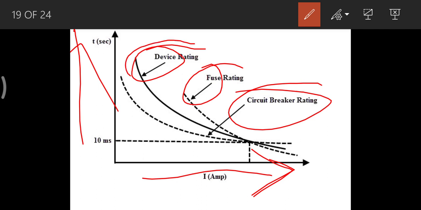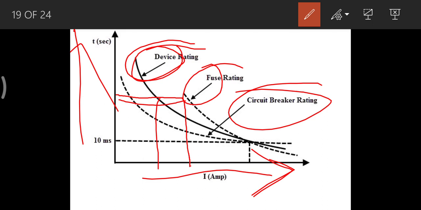So device rating means, see here, for the same time the fuse will be used for the protection of the SCR.